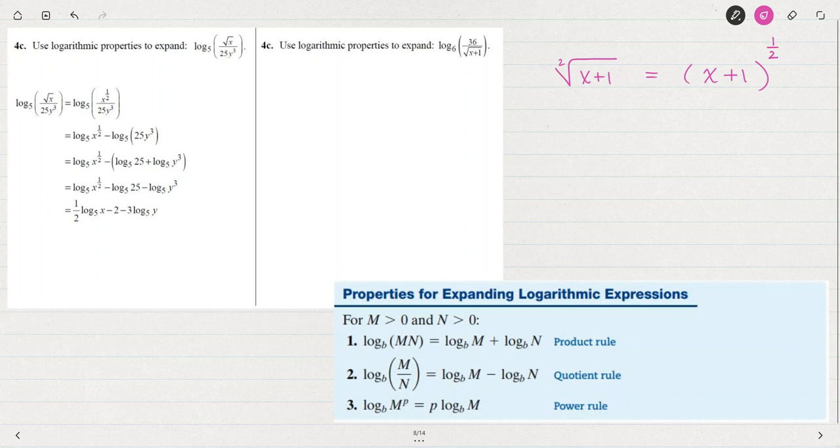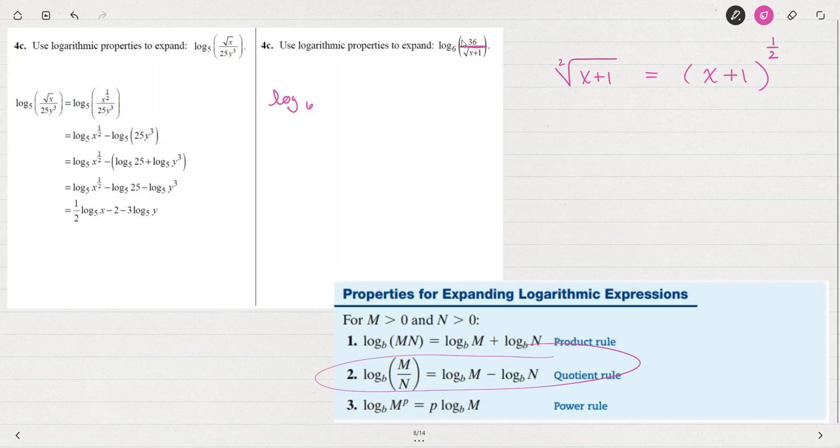If I wanted to expand this, I could see that the log of a quotient is equivalent to the difference of the two logs. So I could rewrite this as log base 6. I initially misread this. I thought that was a negative, but that's just one long fraction part.